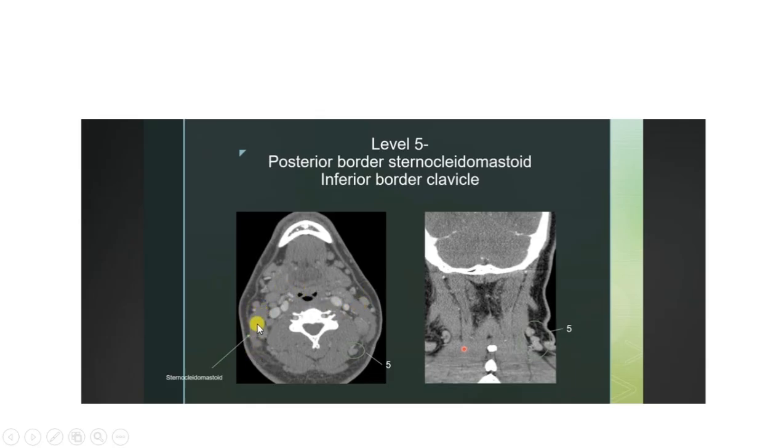The lymph nodes anterior to this region are level 2 lymph nodes or a more anterior group. It may be level 3 or 4, but this is at the mandibular level, so it is level 2B lymph nodes, and this lymph node is a level 5 lymph node, which is behind the posterior border of the sternocleidomastoid muscle.